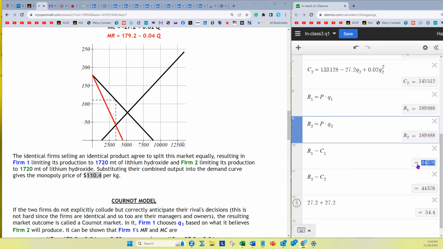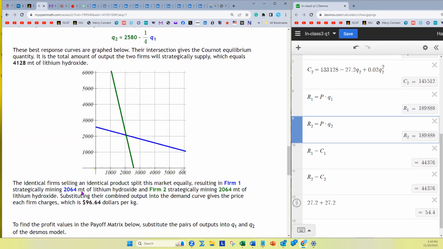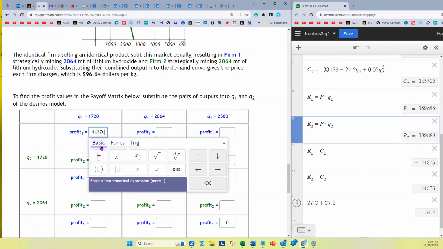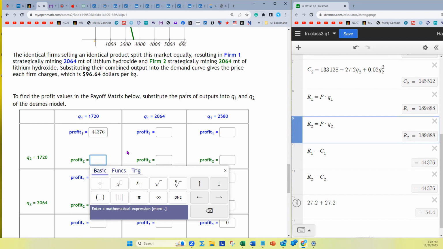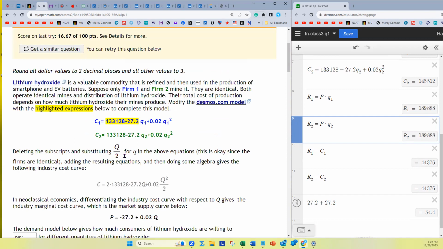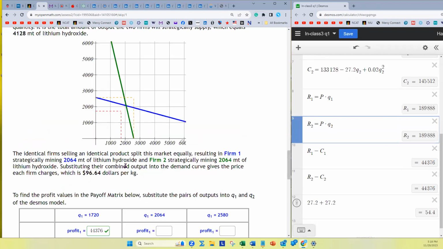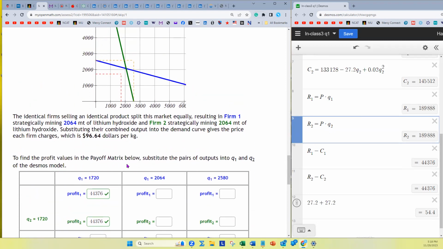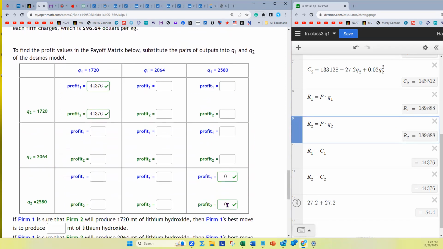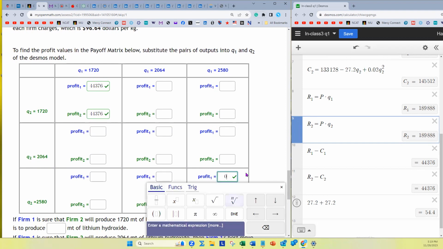So if they collude to act as a monopoly, you can earn an economic profit. Those economic profits are substantial, aren't they? The orange outcome here is the competitive outcome, 2580 for both firms, with zero economic profit.